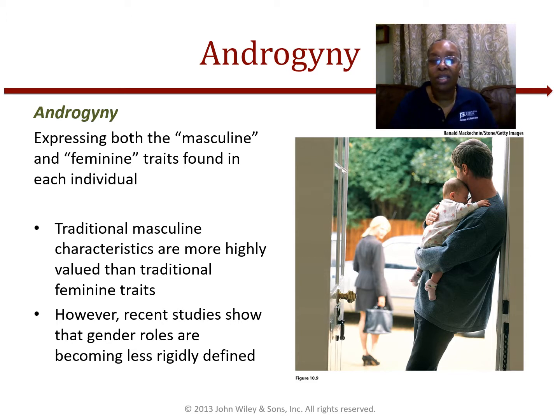Combining these characteristics is basically known as androgyny. Researchers have found that masculine and androgynous individuals will generally have higher self-esteem and creativity. They're going to be more socially competent and motivated to achieve, as well as exhibit better overall mental health than those with traditional feminine traits.